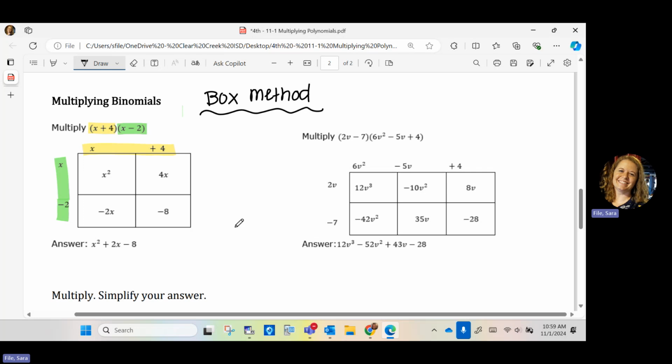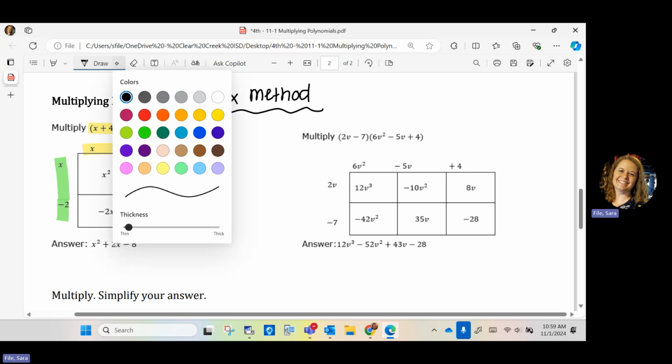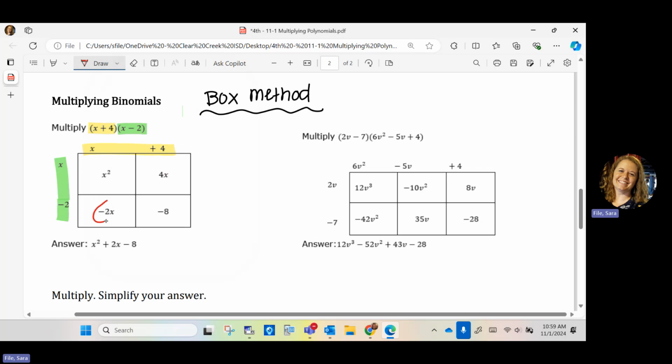Those are the terms of my product, but you may notice there are 2 x terms. There's only one x squared term, so that's just written as x squared. But I need to combine like terms here to simplify. So 4x minus 2x simplifies to just plus 2x. And then there's no other constant, it's just the -8. And that's your answer.